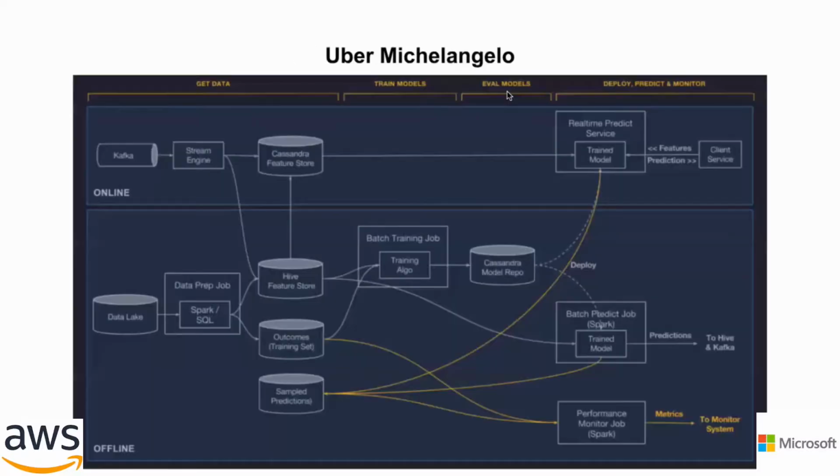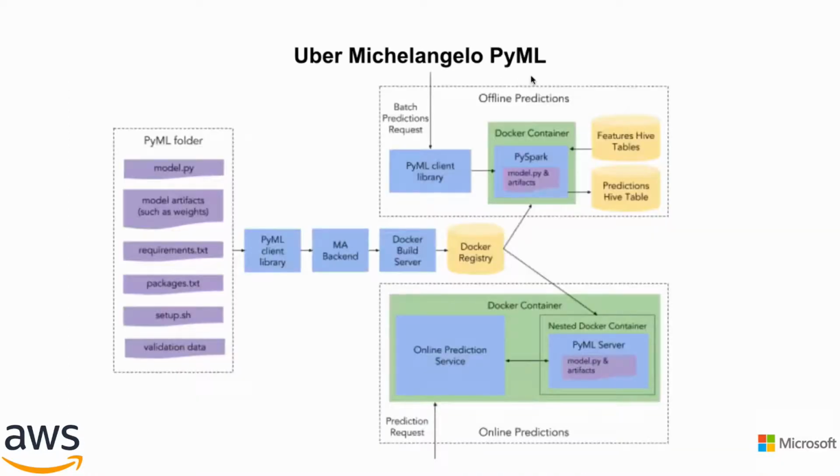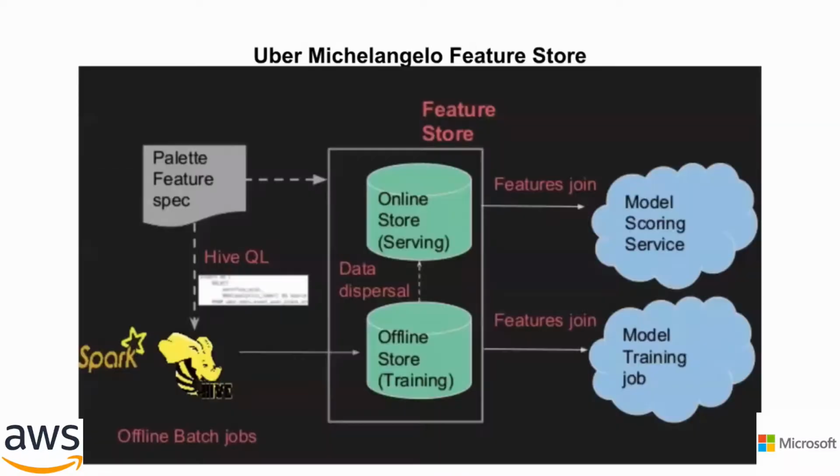The original versions of Michelangelo required the engineers to redo the models that the data scientists created, and a lot of engineers had to recreate this in Scala and Java. With PyML, from Jupyter and Python, you just push these models into the prediction infrastructure automatically. This is the tendency of the last generation of tools.